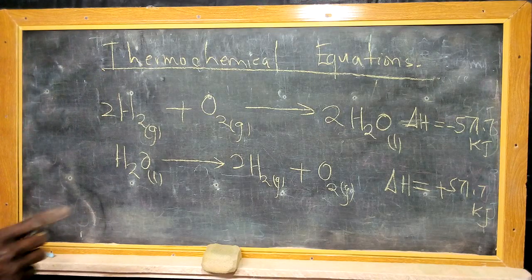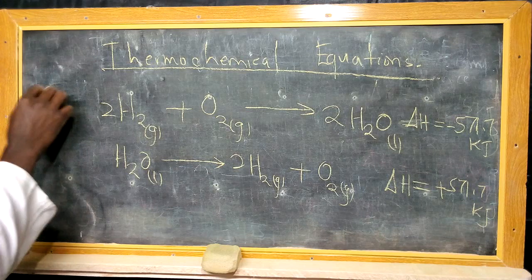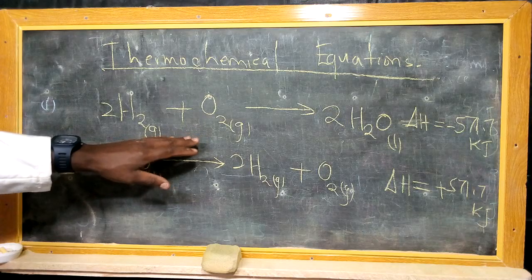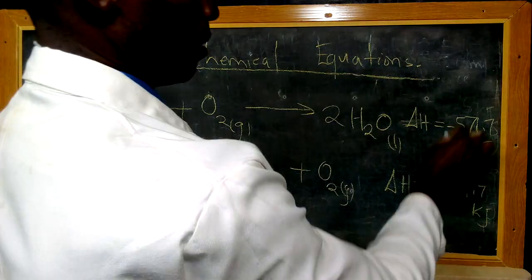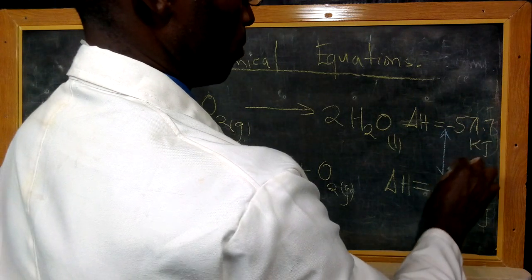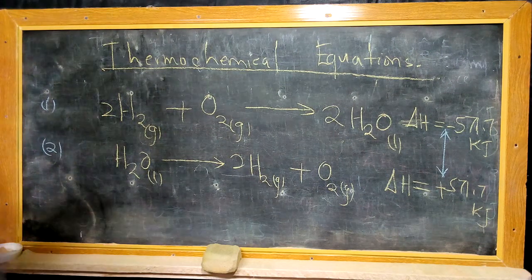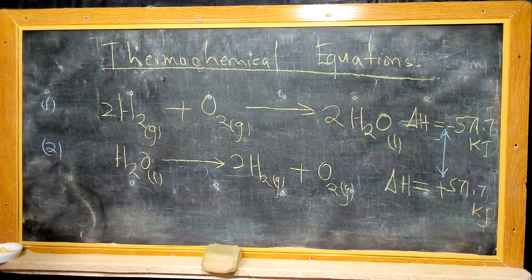So as we can note, there is a characteristic change in equation 2 from 1, whereby if we reverse equation 1, there's a characteristic change of the signs that we are talking about, which implies exothermic and endothermic reactions, whereby in the first scenario, heat is released from the system, and in the second scenario, heat is absorbed into the system.